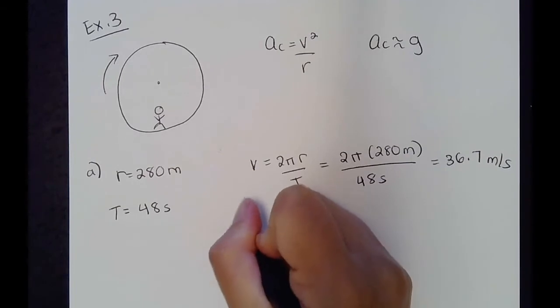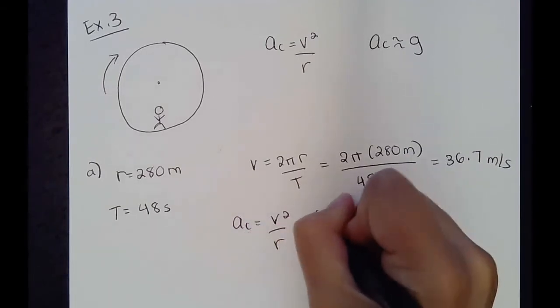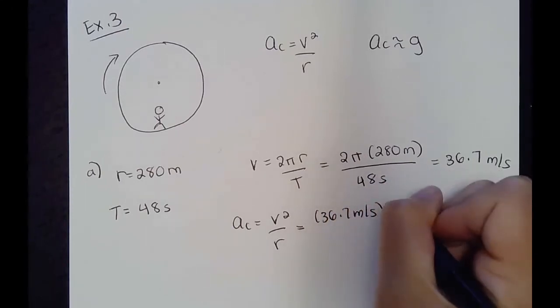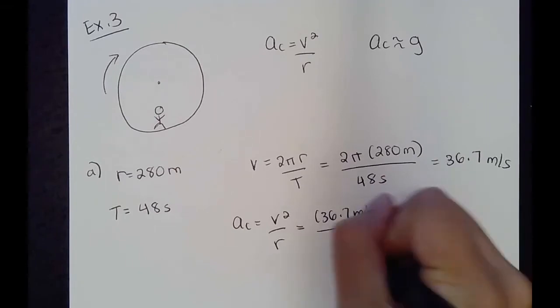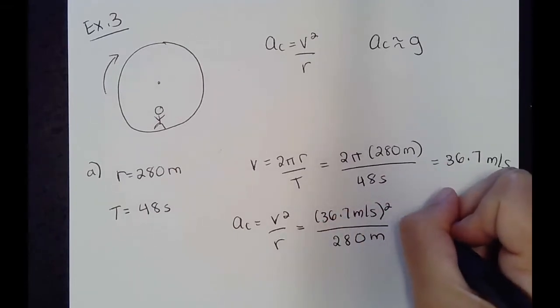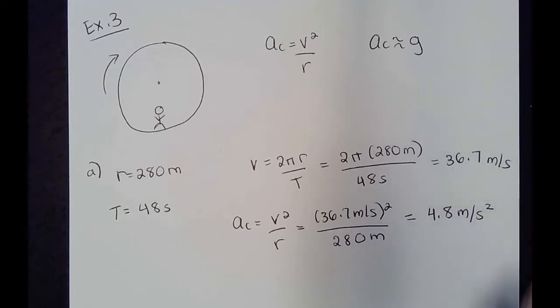And then the centripetal acceleration is v squared over r, so (36.7 meters per second) squared over 280 meters gives about 4.8 meters per second squared.